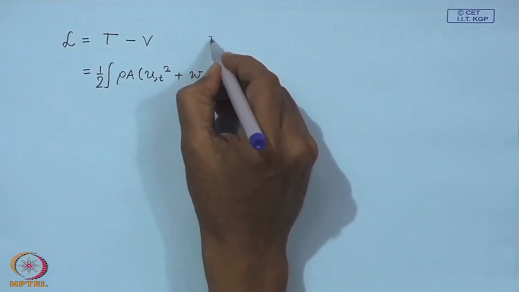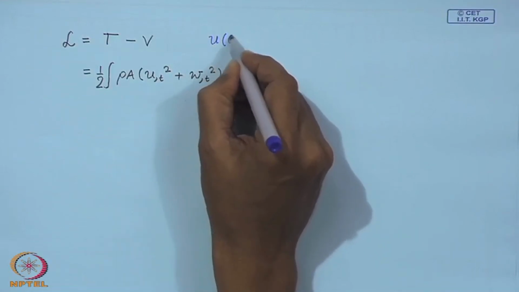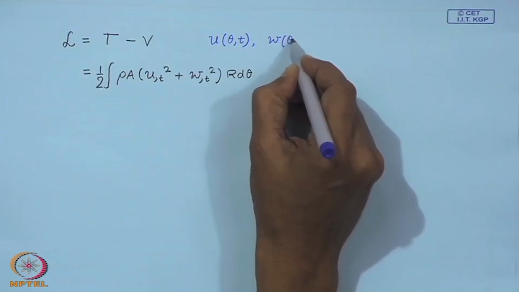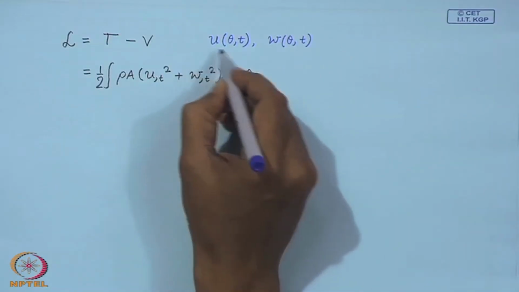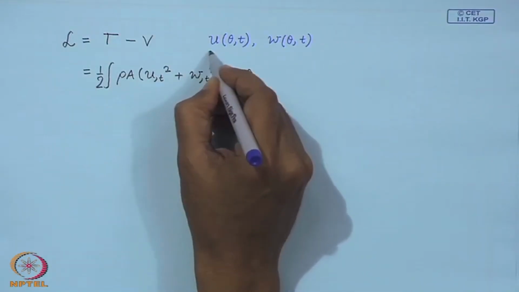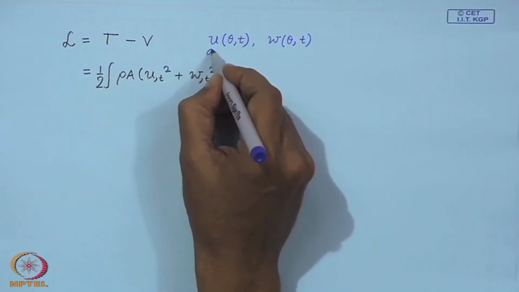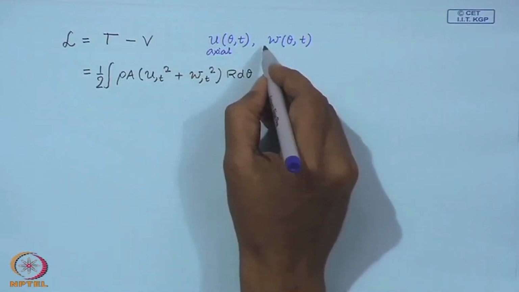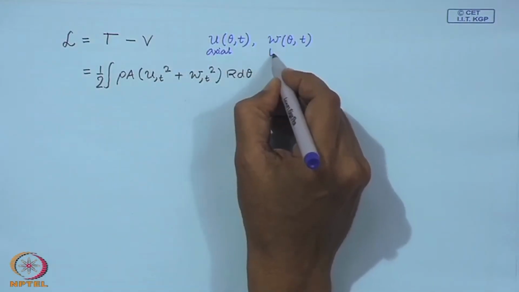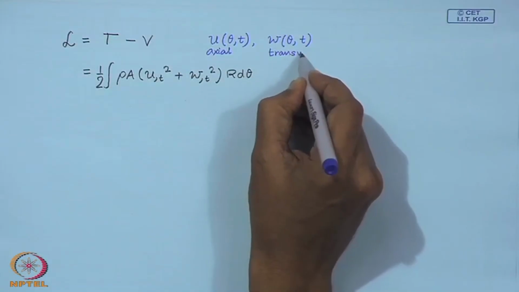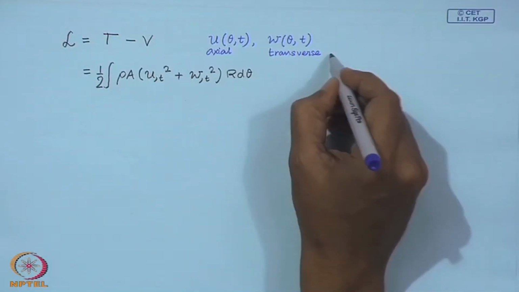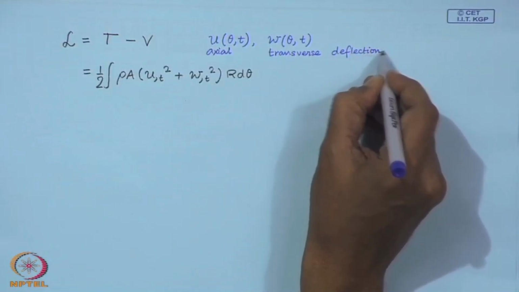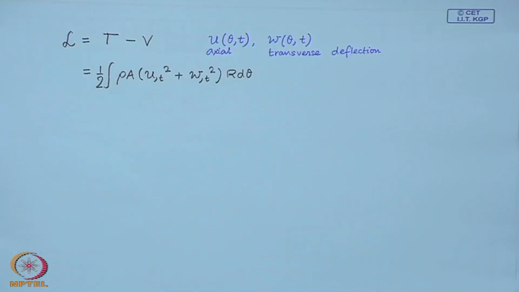So, u is the field variable for the axial or circumferential motion deflection, and w is for the transverse deflection.